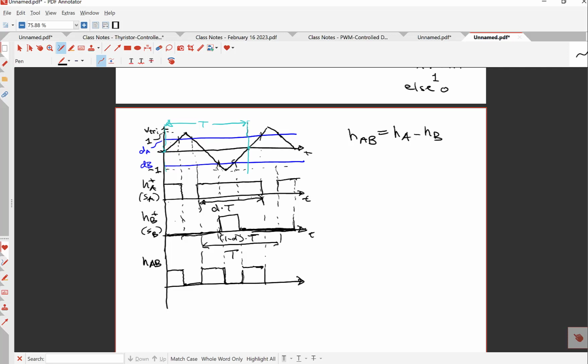Then it's HA minus HB, 0 minus 1, and it would continue there until we get to the final point here of what we represented. It goes back up. So we actually have multiple pulses occurring here. Looking at this center portion that we looked at before, the period, we actually have 2 repeating pulses happening in that period now of T over 2.